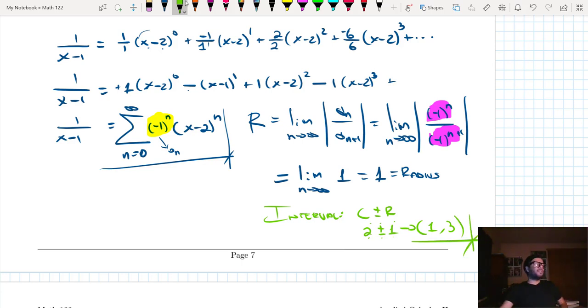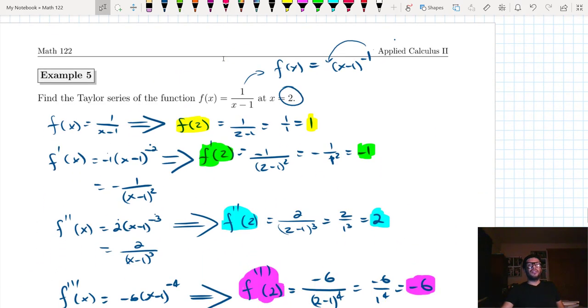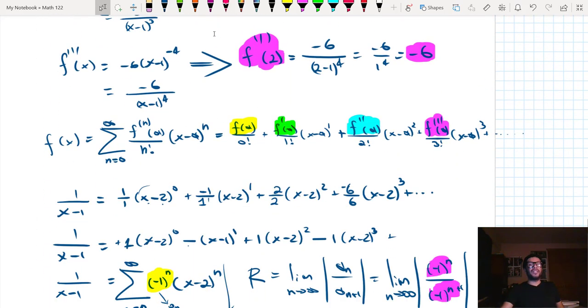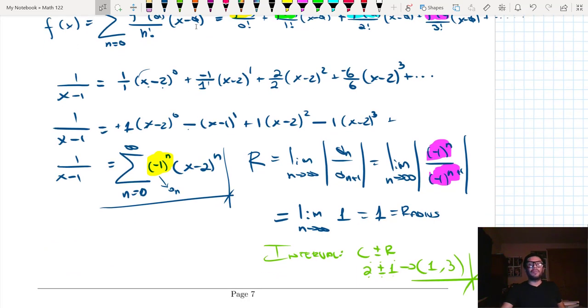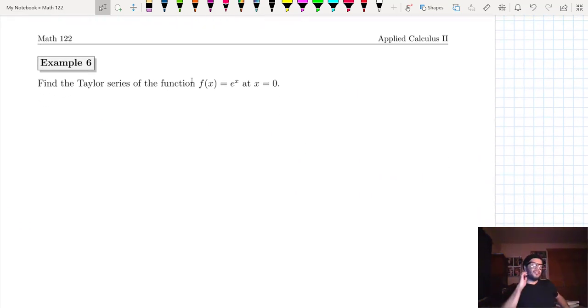So we got one of those examples. We are given a function, and you use the Taylor procedure to find the Taylor series representation of the given function. Okay, now let's look at another example. The function e to the x. Okay, let's start by evaluating f of x, which is e to the x.